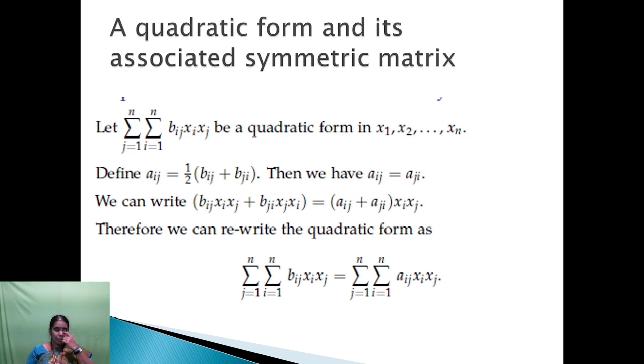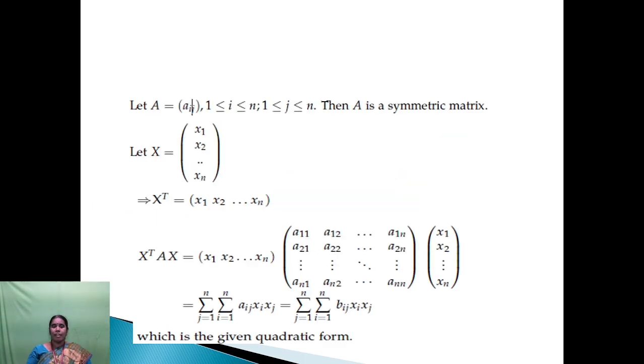That is, summation i varies from 1 to n and j varies from 1 to n, bij xi xj can be written as summation j equal to 1 to n and summation i equal to 1 to n, aij into xi xj. Here A is a symmetric matrix having elements aij, where i varies from 1 to n and j varies from 1 to n.